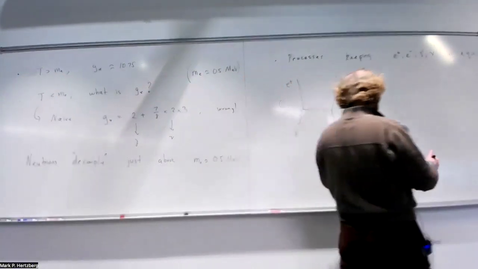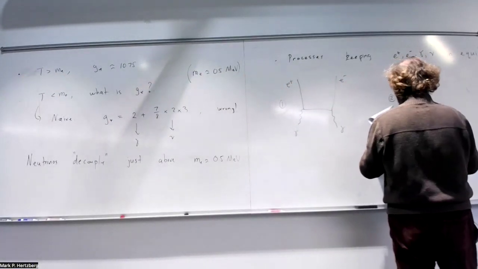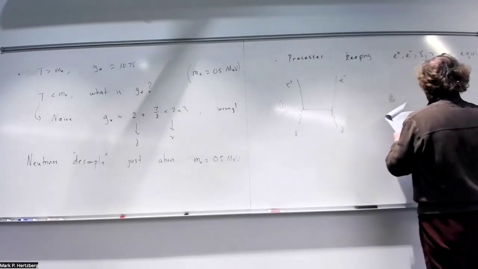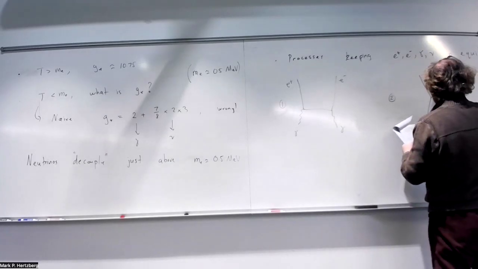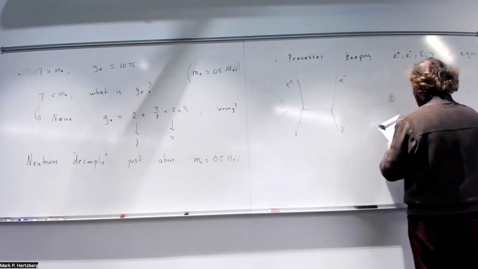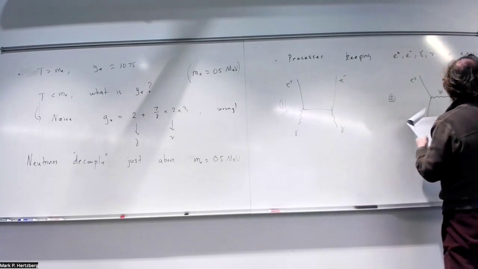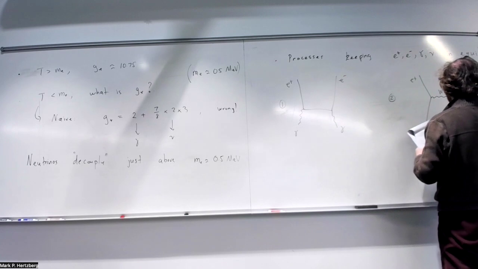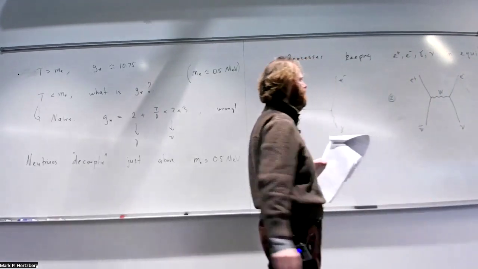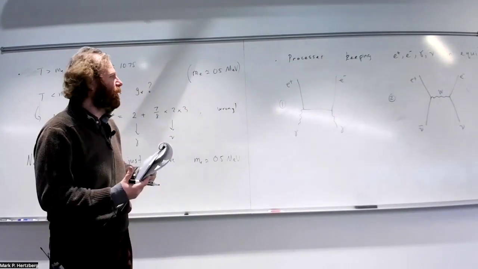And then we can also keep neutrinos in equilibrium through exchange of W bosons. So here's, say, nu bar E plus going to electron neutrino. Okay.